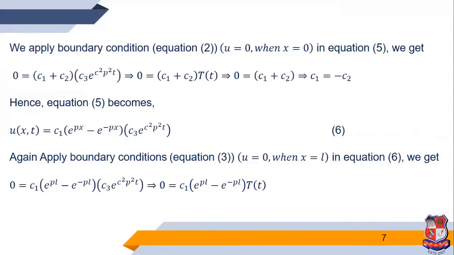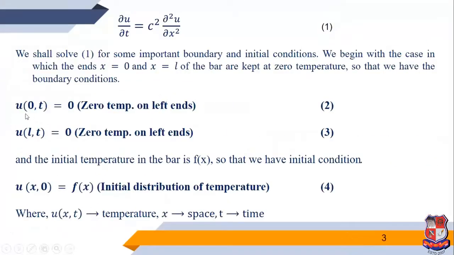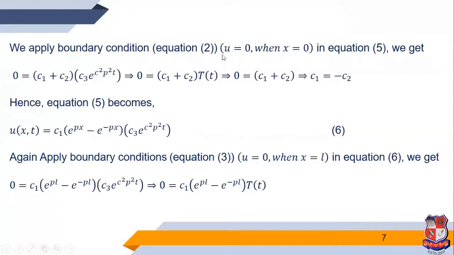Now, this is the first solution of the given partial differential equation. We apply the boundary conditions, that means equation 2, 3 and 4. So now we apply the boundary condition equation 2.